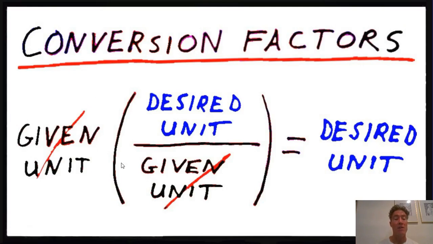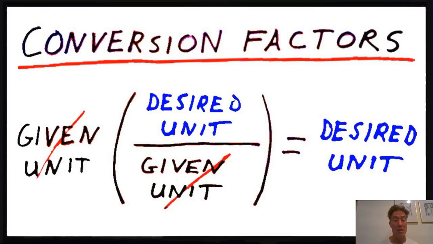And then you're going to use a conversion factor, which is going to have your desired unit in the numerator and your given unit, your starting unit, in the denominator. And that's going to cancel with the unit over here. So the denominator will cancel with this numerator and leave us with a new numerator, which is our desired unit.